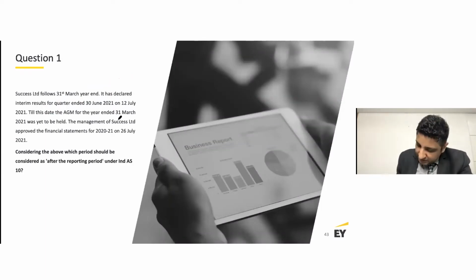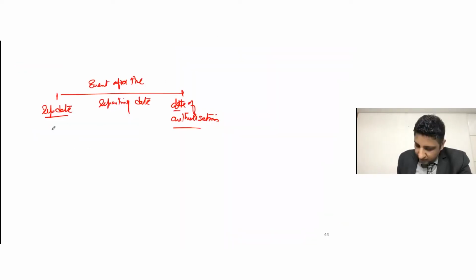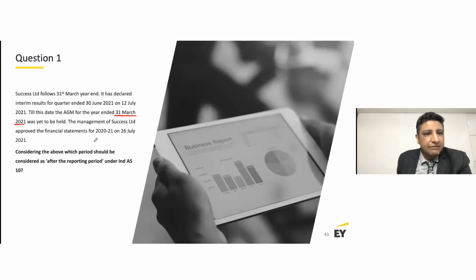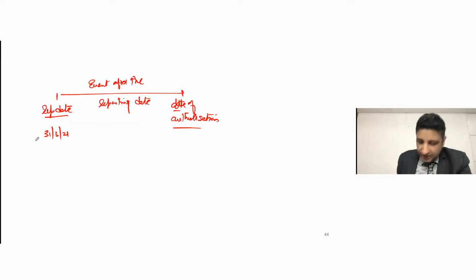In the given question, the year end is 31st of March 2021, and the approval was done on 26th of July 2021. So any event between these two dates shall be considered as an event after the reporting date, or event after the reporting period, whatever you want to call it.